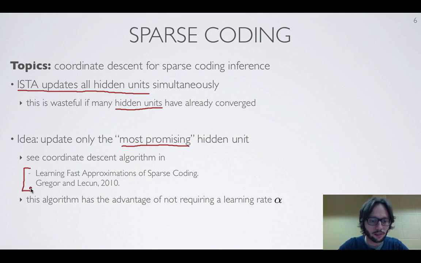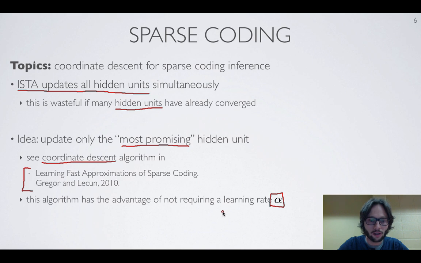I recommend you look at this paper here. This paper doesn't propose this algorithm, but it describes it fairly well. It describes a coordinate descent algorithm for performing this inference problem, inferring the sparse codes. And one advantage it has is that it does not require a learning rate or a step size like ISTA, which requires an alpha in updating the latent representation.